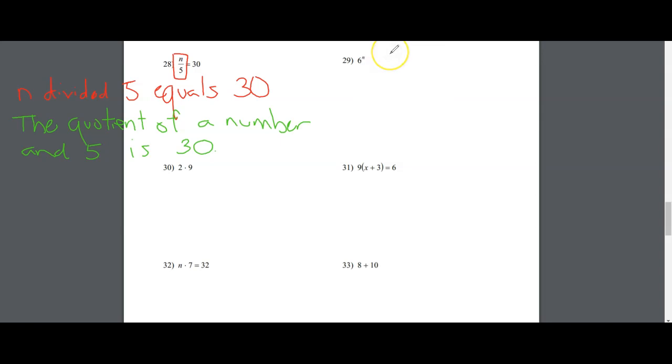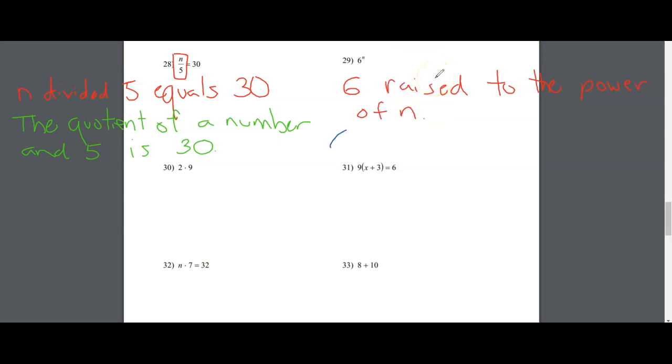So we can start with 6 for sure. So 6, in 2 ways we could do it. We could say raised, actually more than 2, but raised to the power of n. We could also just say raised to the power of a number.